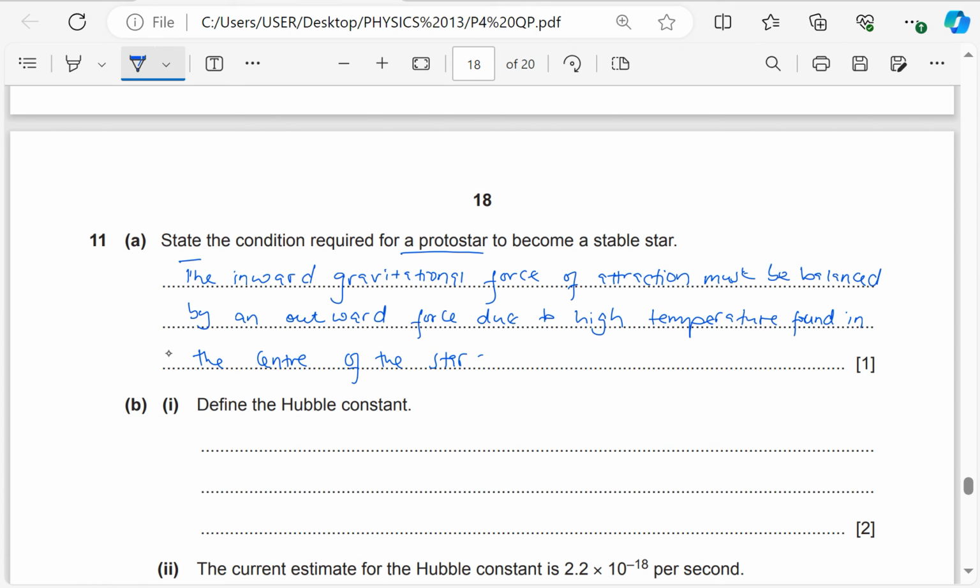So if the two forces are balanced, then the star becomes a stable star. Otherwise, it will be a protostar.